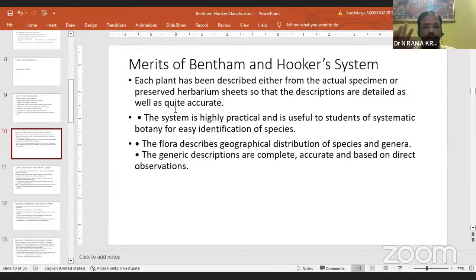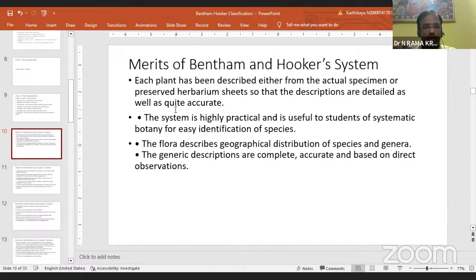It is based on careful examination of actual specimens of all living genera of seed plants, not mere compilations of known facts.